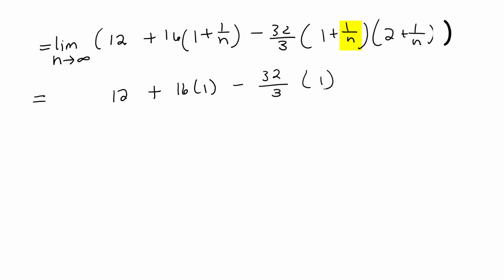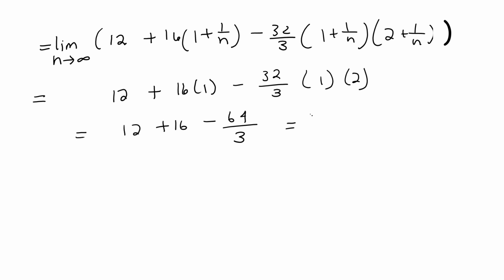And as n goes to infinity, the 1 over n goes to 0, so we only have 2 remaining. Let's perform this arithmetic. You got 12 plus 16 minus 32 thirds times 2, that's 64 thirds.